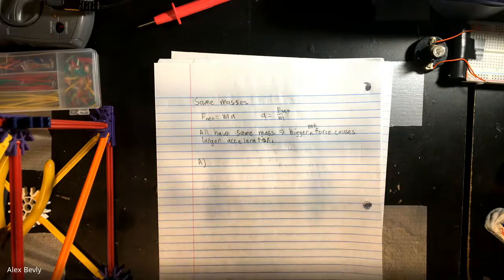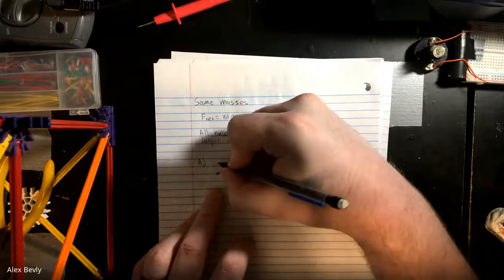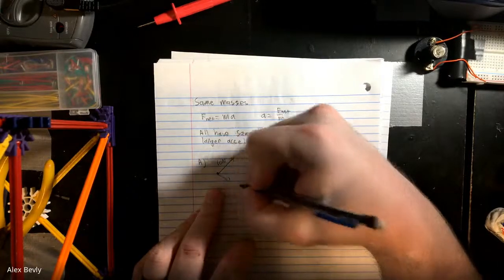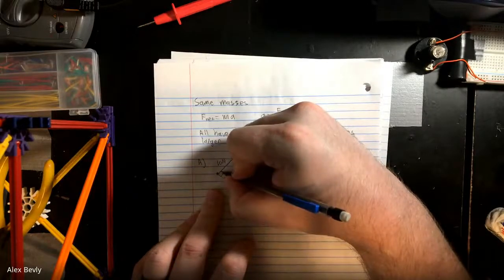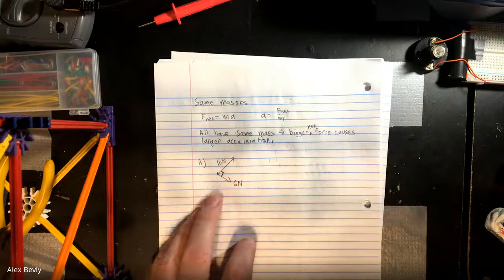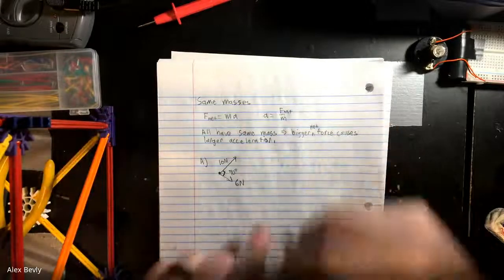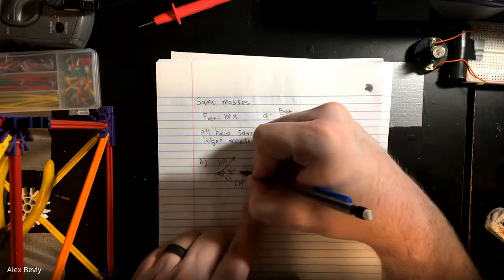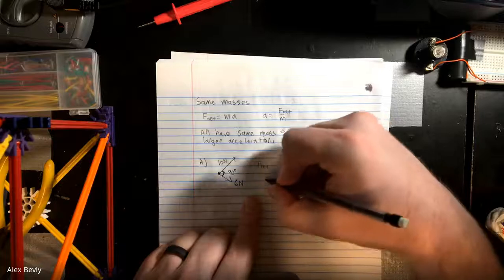It's a right triangle. So we have this 10 newtons, and then we have 6 newtons. These are at a right angle to each other. So that makes things really easy. My net force is just going to be the vector sum of these, which is just Pythagorean theorem, right?